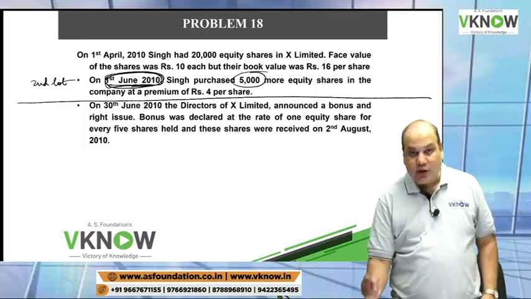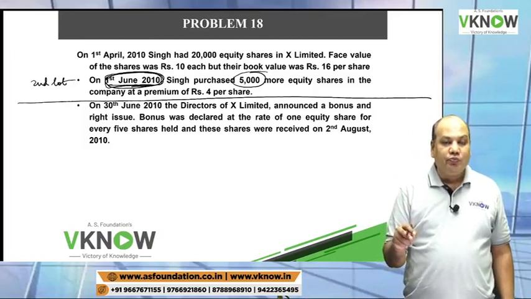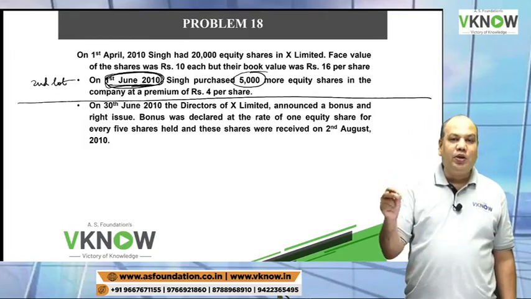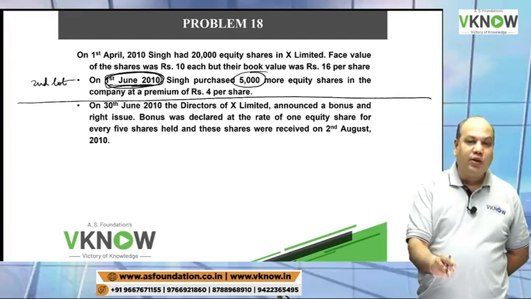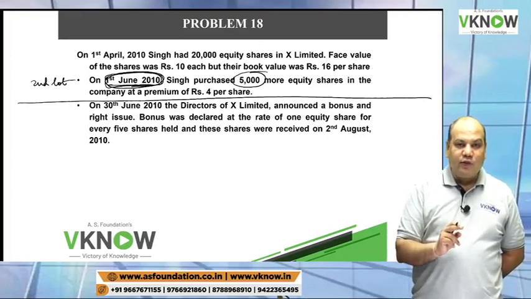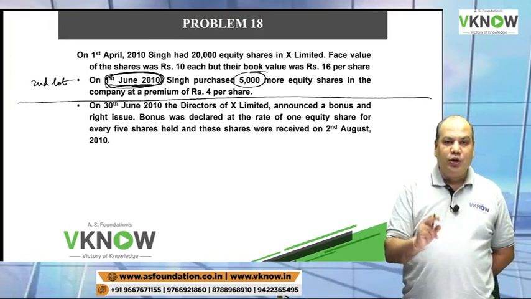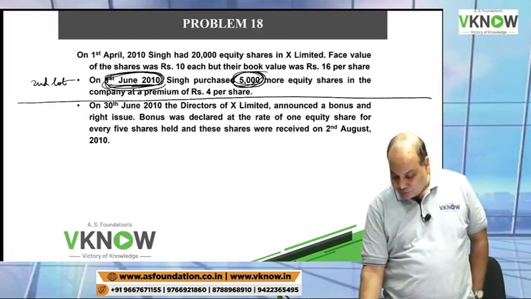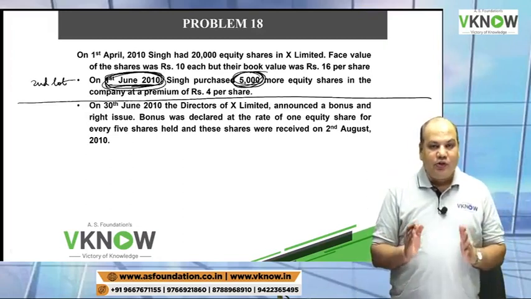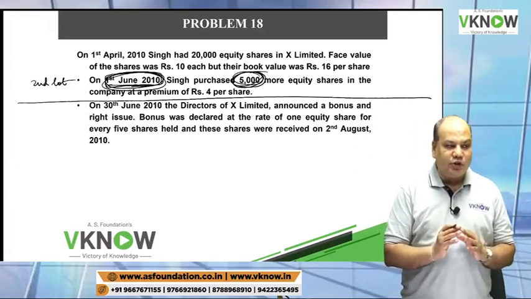He will receive the dividend on this second lot because his name will appear in the register of member. But he was not a shareholder of the company as on 31st March. So therefore dividend received on 5,000 shares purchased on 1st June 10 is a dividend out of pre-acquisition profit.